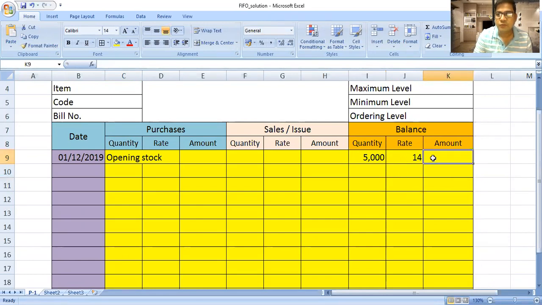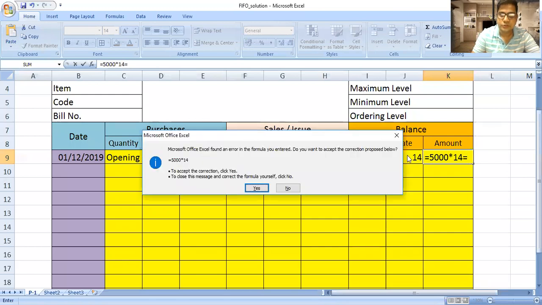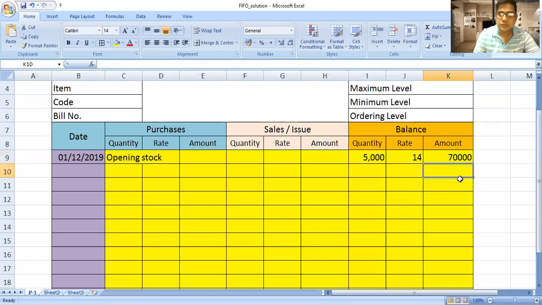Now 5,000 into 14 is equal to how much? It's 70,000. It means the balance of opening stock is quantity 5,000 kg, rate per kg 14, and value in rupees 70,000.